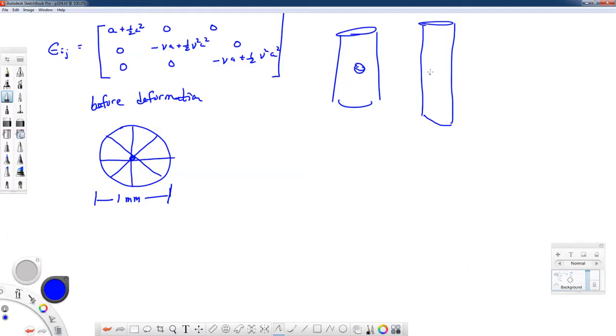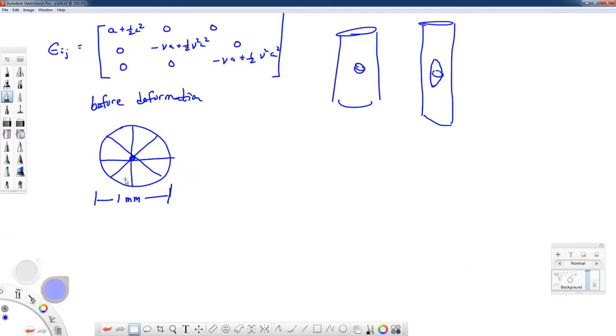This sphere is going to distort. It's going to get longer in the axial direction, and it's going to get shorter in its axes in the transverse directions. Again, I'm really exaggerating this. If a is small, it won't make a big difference. But what happens is that the sphere distorts into an ellipse.